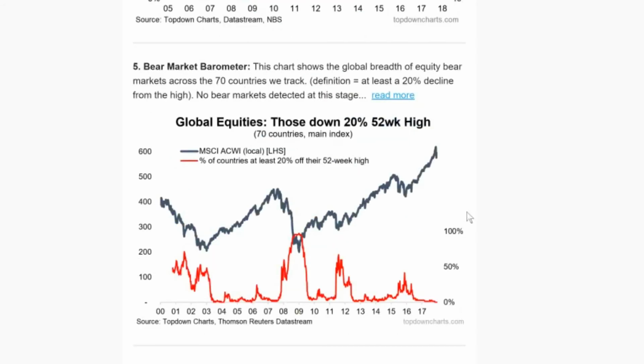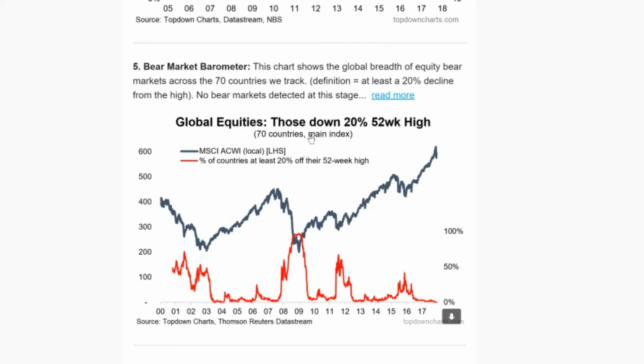And the last one is global equity breadth. So for this, I'm looking across 70 countries, across the global equity universe, and basically asking the question, how many of these countries are in a bear market, where the bear market is defined by a 20% fall or greater.